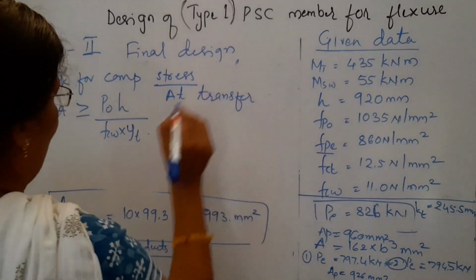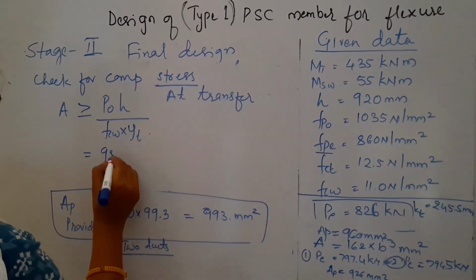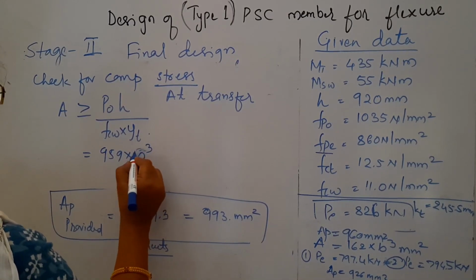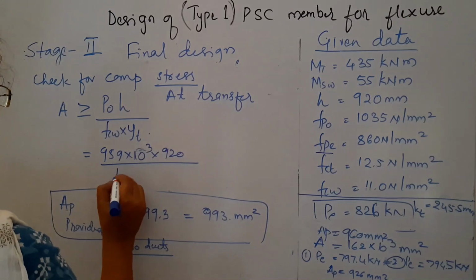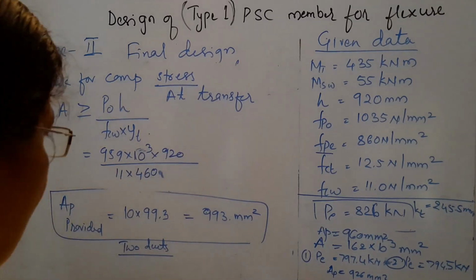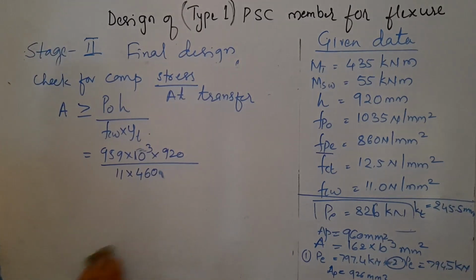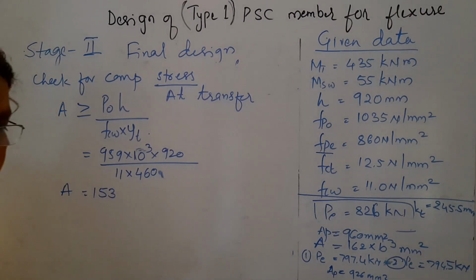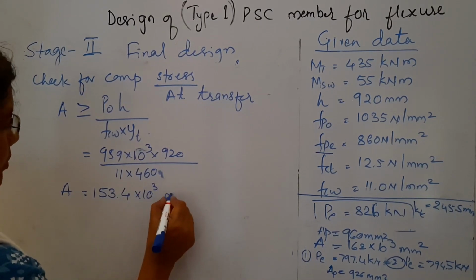P0 we have calculated as 959 into 10 raised to 3, H is 920 millimeters, divided by FCW 11 into YT 460 millimeters, the centroid of the section. Therefore, area here is 153.4 into 10 raised to 3 square millimeter.